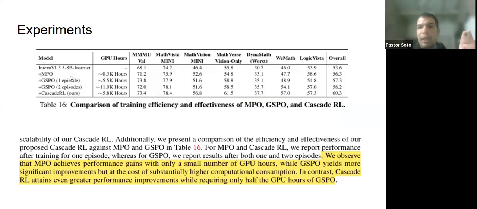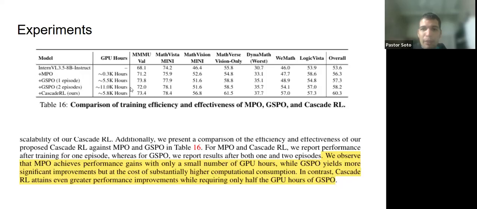But they also break it down between running only the MPO, running only the offline, running only the online two times, and then running the full cascade reinforcement learning. And the results are remarkable because with the MPO you get a lot of increase in performance, and it doesn't use a lot of GPU hours. So it was a great addition.